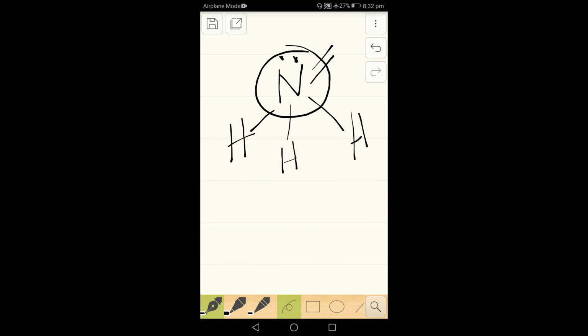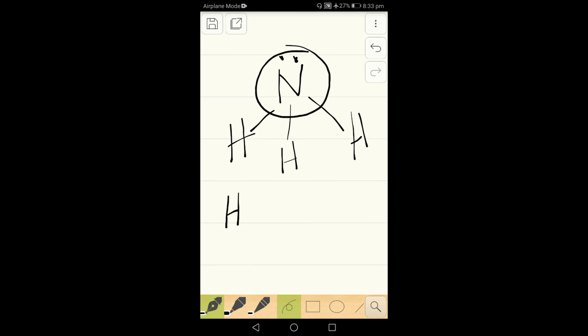If structures are given, it's quite easy to find a number which we call the hybridization number or the steric number.